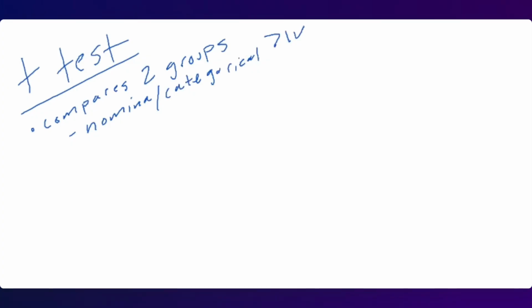We're comparing two groups. So this would be our predicting variable. And then we'd have an outcome variable. We would have a continuous outcome variable, or a continuous dependent variable.